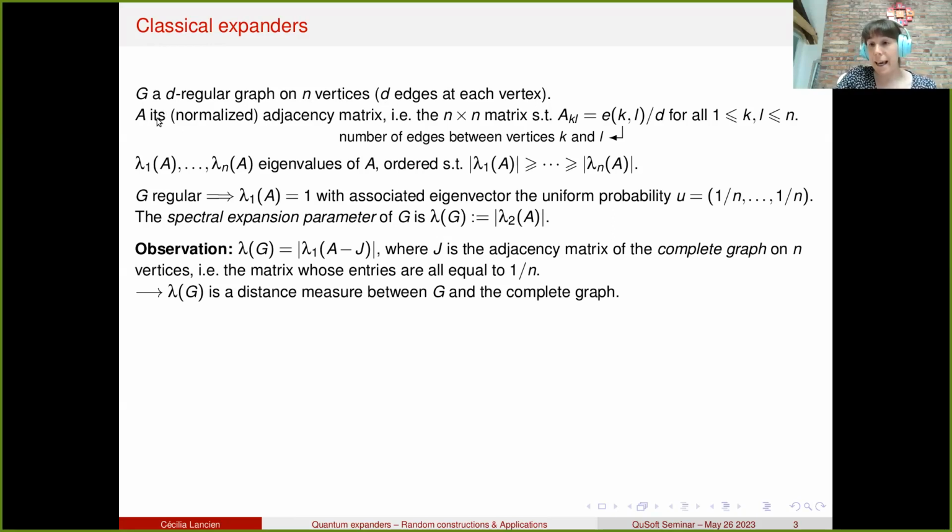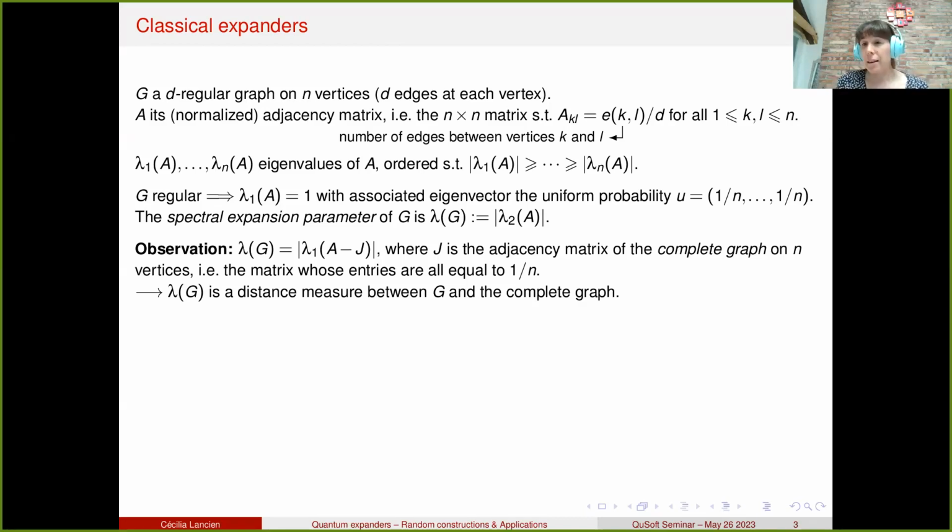Then I will denote by A the adjacency matrix associated to this D-regular graph. I will normalize it so that it's actually a doubly stochastic matrix. This adjacency matrix is nothing else than this n times n matrix that has as entry KL the number of edges between vertices K and L, divided by D, the total number of edges at vertex K. And now I will denote by lambda 1 to lambda n the eigenvalues of this adjacency matrix A, which I will order in non-decreasing absolute value.